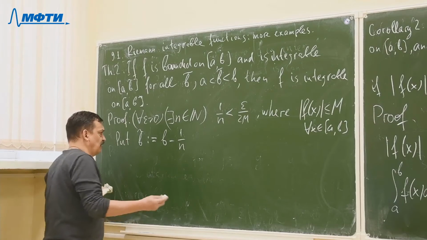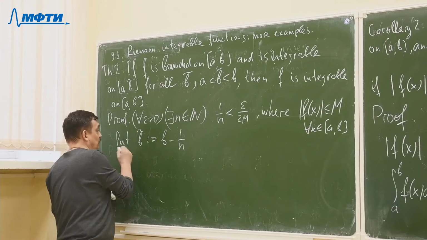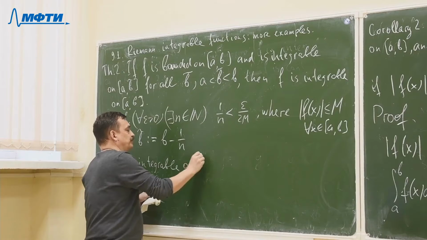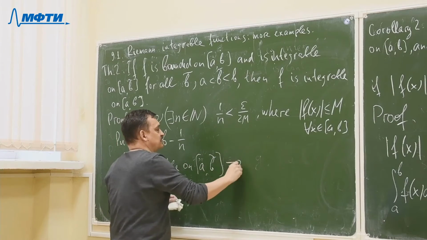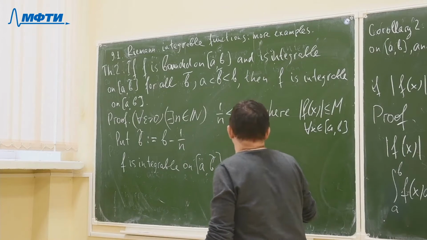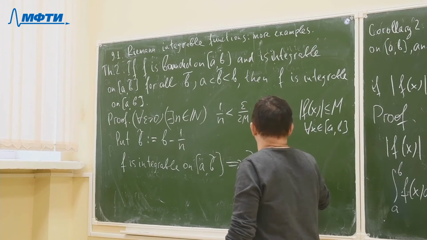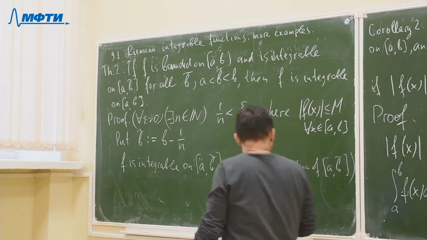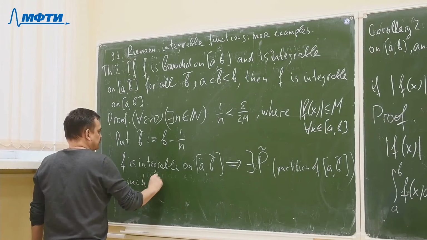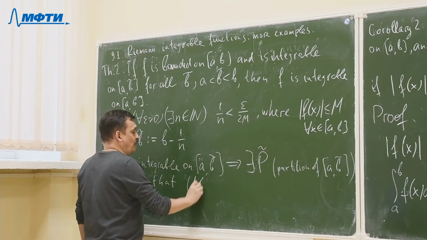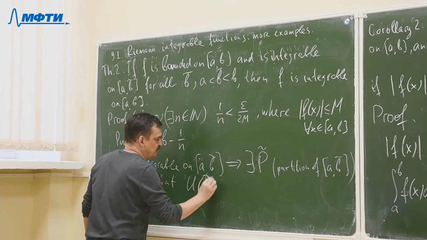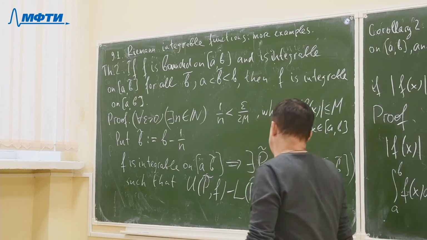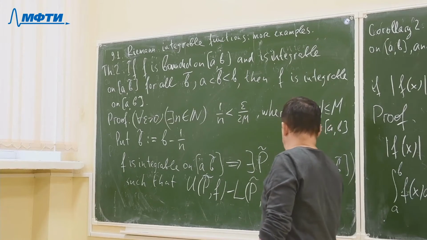Then consider, f is integrable on [a, b tilde], hence there exists a partition P tilde of [a, b tilde] such that the difference between upper and lower sums for that partition P tilde is less than, let's say, epsilon over 2.